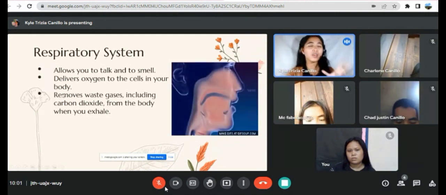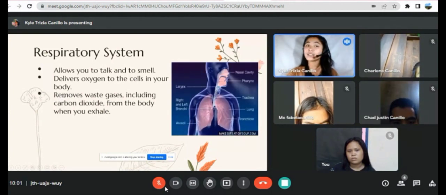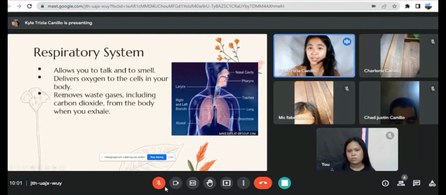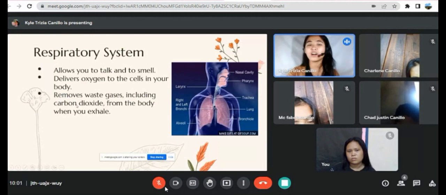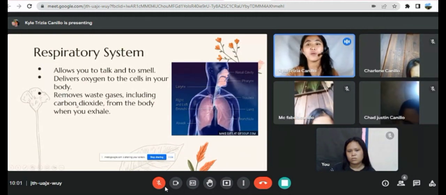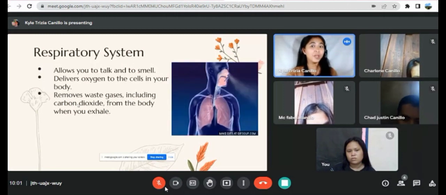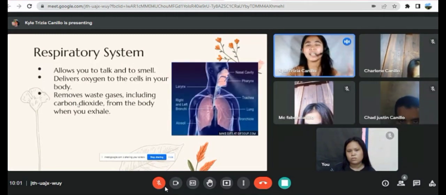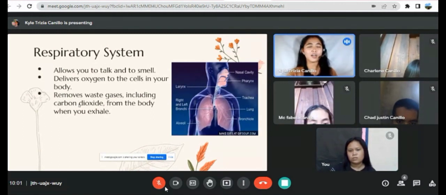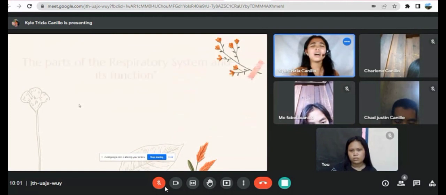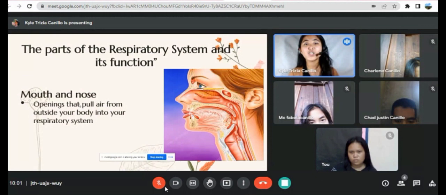We are composed of millions of cells, and those cells help us repair tissue and grow. It also removes waste gases, including carbon dioxide, from the body. It is not only about when we inhale, but also when we exhale, releasing carbon dioxide that our body doesn't need.